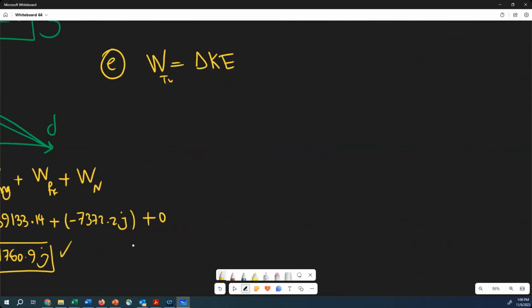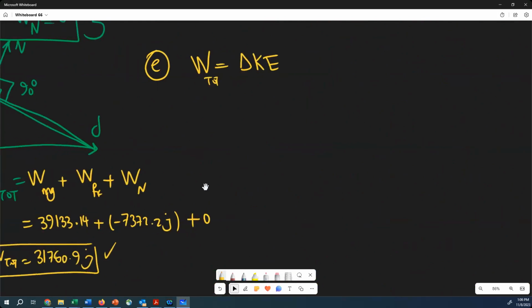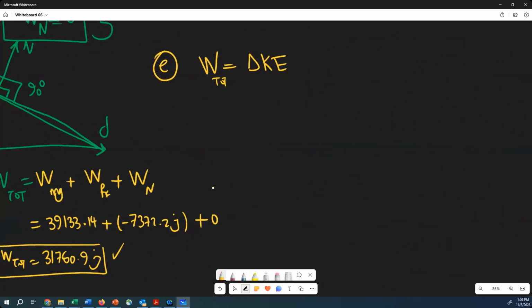The total work is what? We just calculated it: 31,760.9 joules. Delta K means 1 over 2 m v final squared minus 1 over 2 m v initial squared.